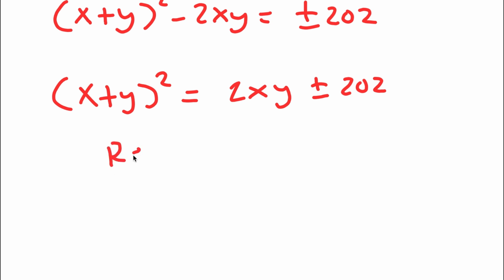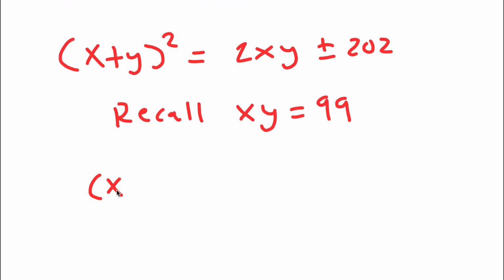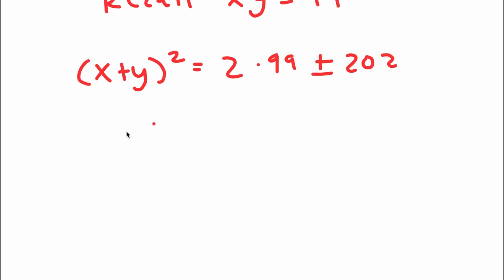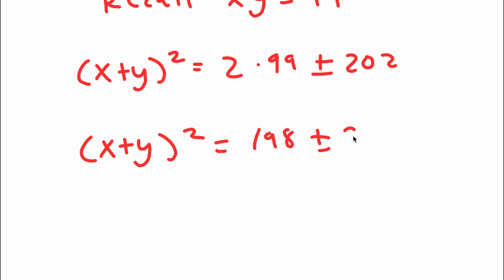Now again, recall that x times y is equal to 99. So I have (x plus y) squared is equal to 2 times 99 plus or minus 202, and this is equal to 198 plus or minus 202.